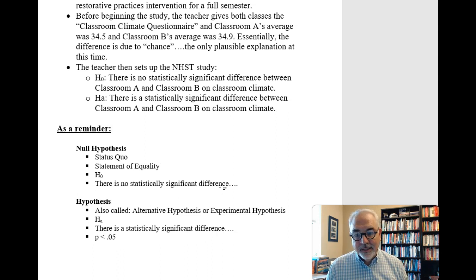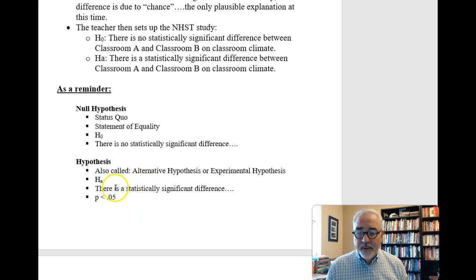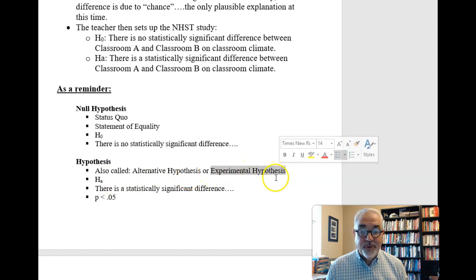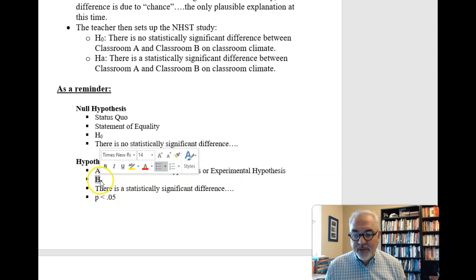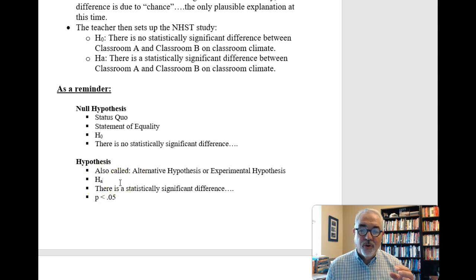Now, in contrast, the other hypothesis is also referred to as the alternative hypothesis. Some people refer to it as the experimental hypothesis, and that's why you see the H with a little a there. The little a subscript is alternative.